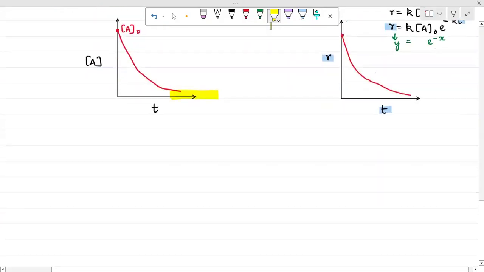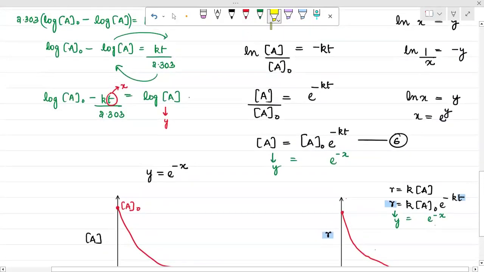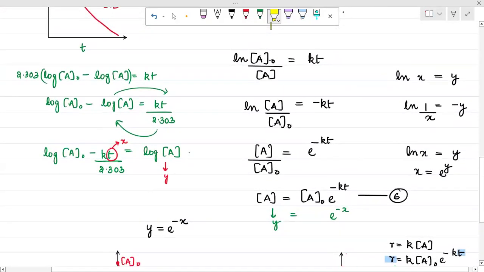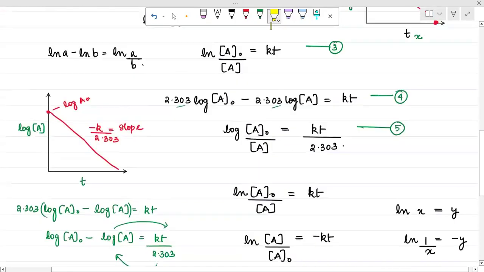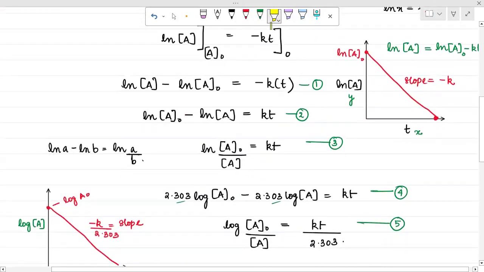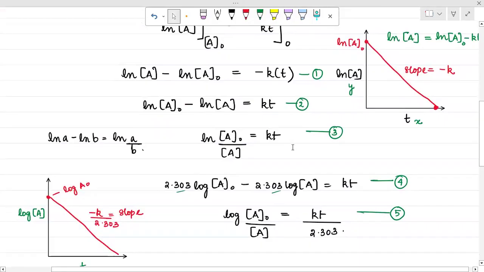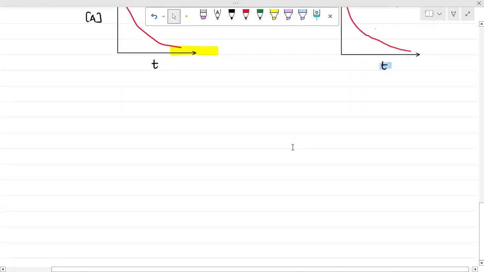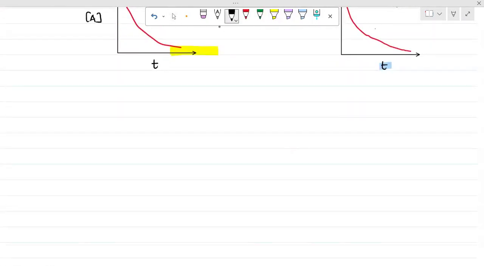Okay. Calculate the half-life, please. You can take any equations. Let's say you take equation number 3. Half-life. What is half-life? Half-life of first order reactions. Half-life is the time at which the initial concentration reduces by 50%.